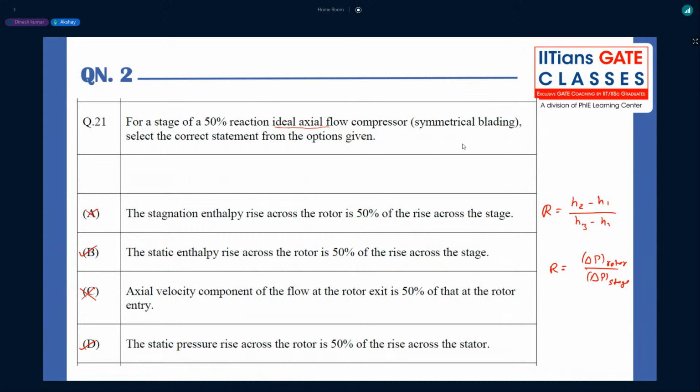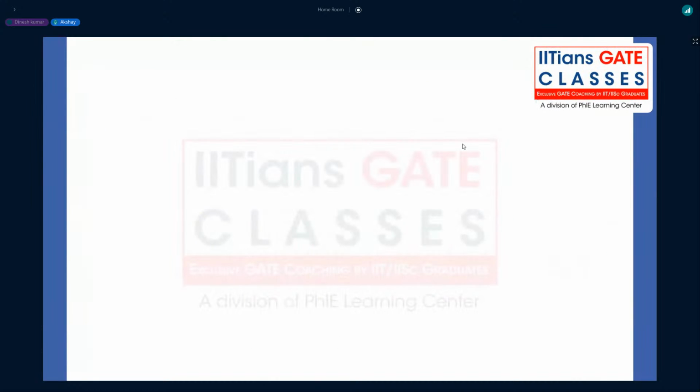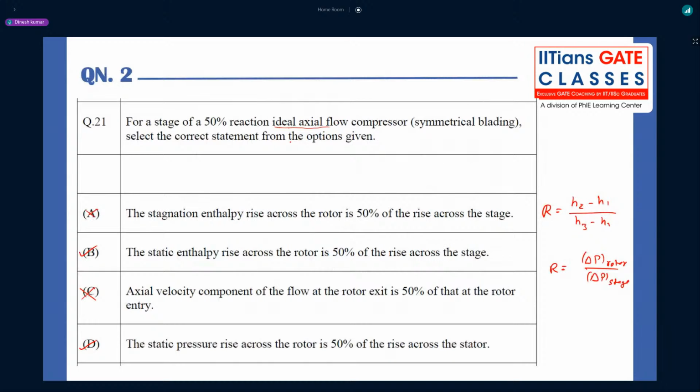Yeah, option D is correct because the stage is compromised. Let me draw the velocity triangle so I can go further. Read the comment, what someone is saying: rotor and stator is not stage. Okay, one second.